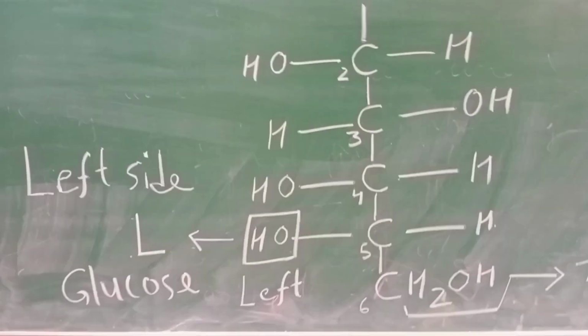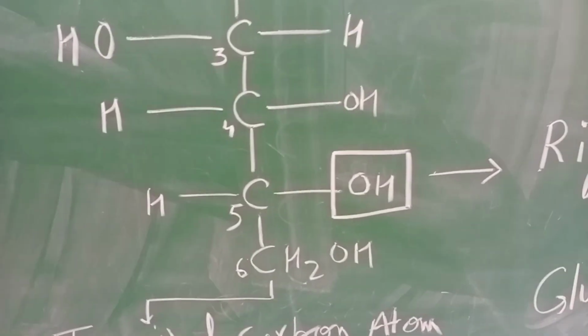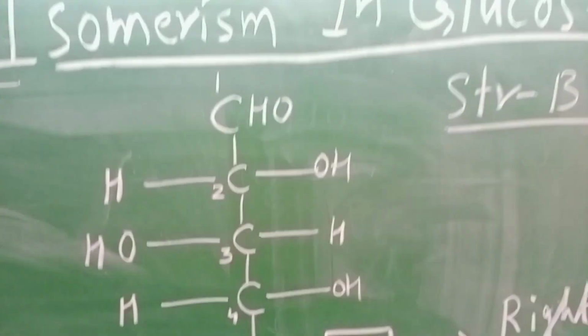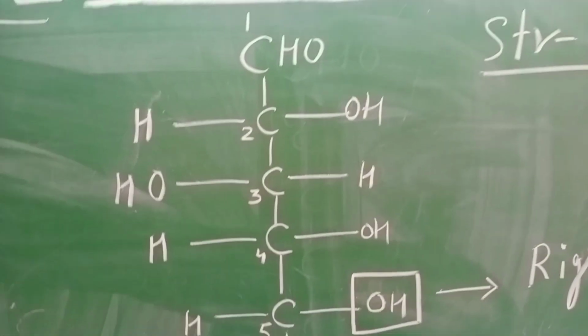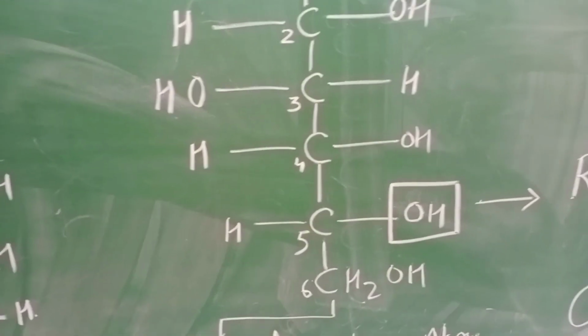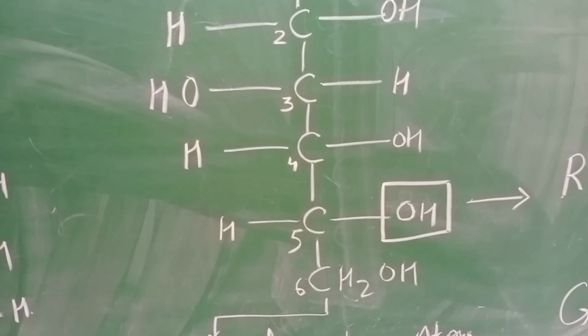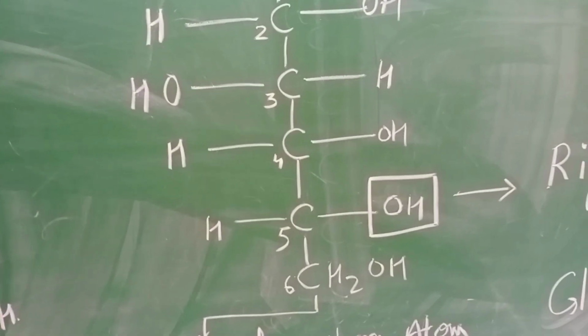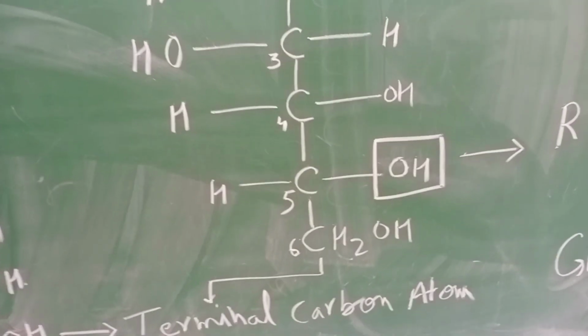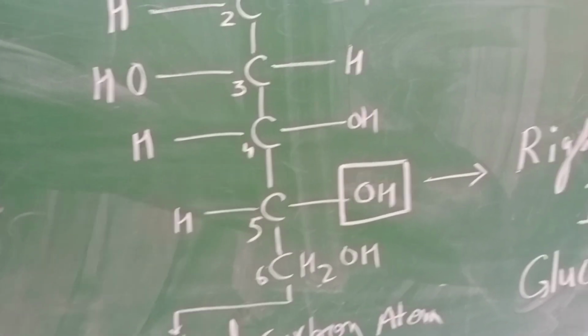Now let us see what is the orientation of the hydroxy group present in structure B. Here also we have to emphasize the 5th carbon atom, which is adjacent to the terminal carbon atom, that is the CH2OH.